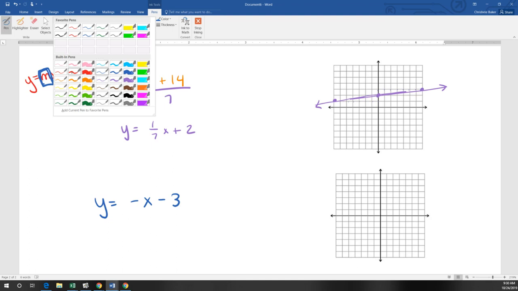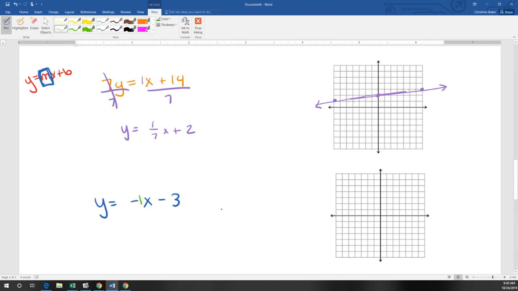It's negative 1. So my y-intercept is negative 3. 1, 2, 3. And my slope is negative 1. That's really negative 1 over 1. So down 1, right 1, down 1, right 1, down 1, right 1. I can also go up and left, and connect with a nice straight line. Arrows on the end.